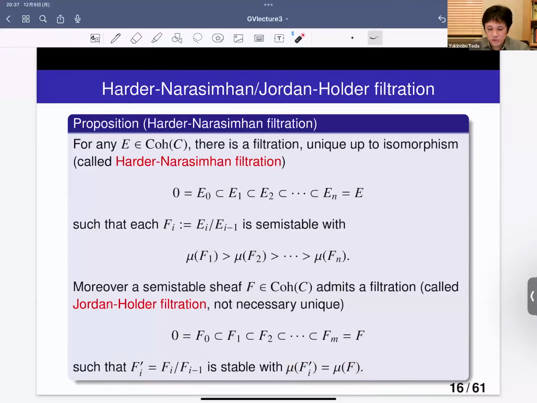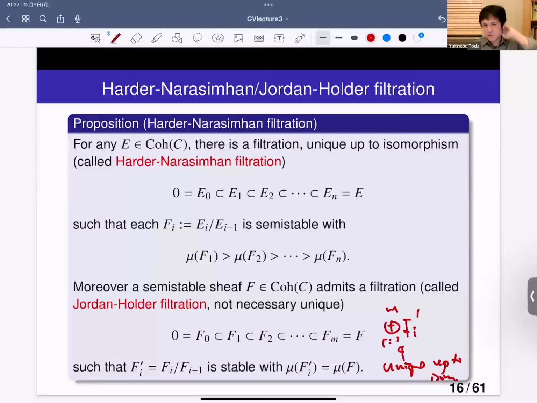So this filtration is not necessarily unique, but it is possible to show that the associated graded of this filtration is unique. That is the direct sum of F_i prime. So this is unique up to isomorphism. So in this way, the stable sheaves also form a building block of all the coherent sheaves.